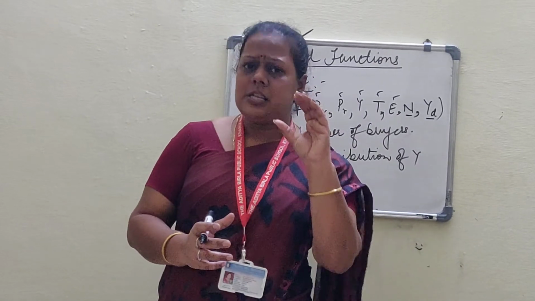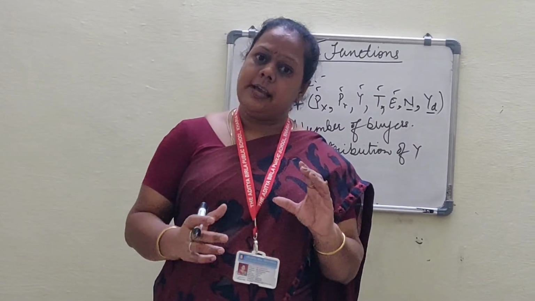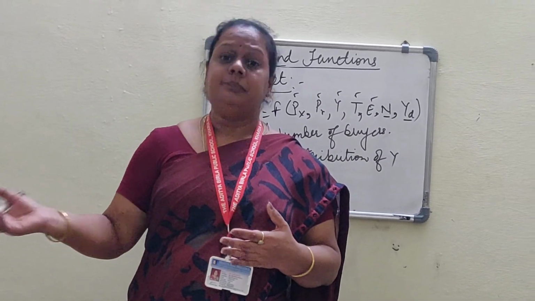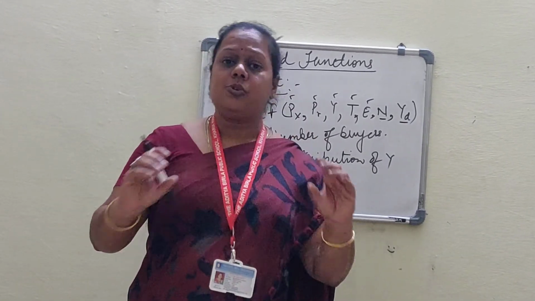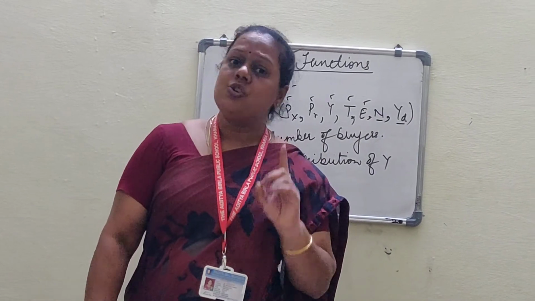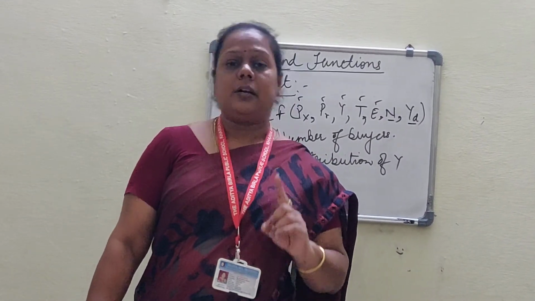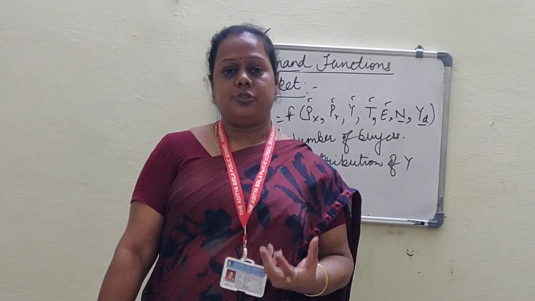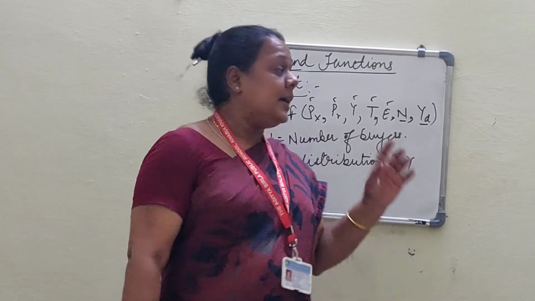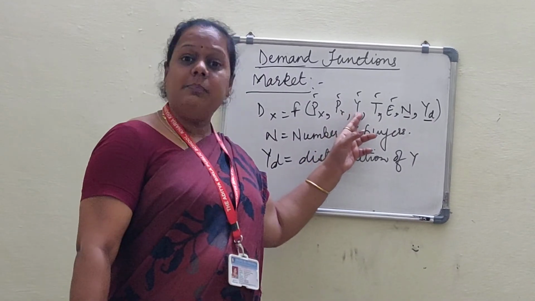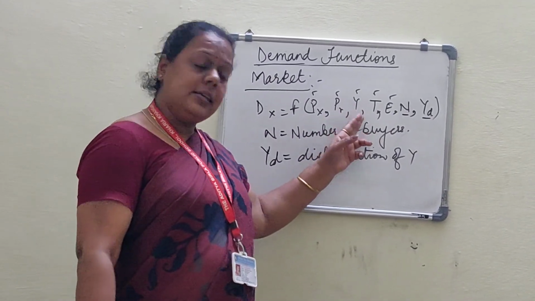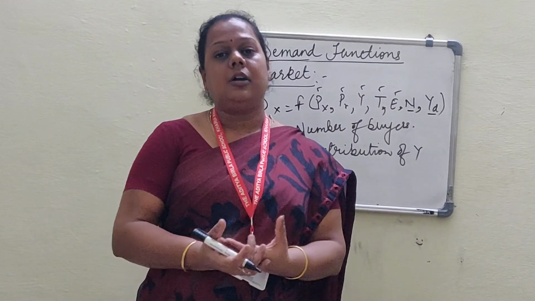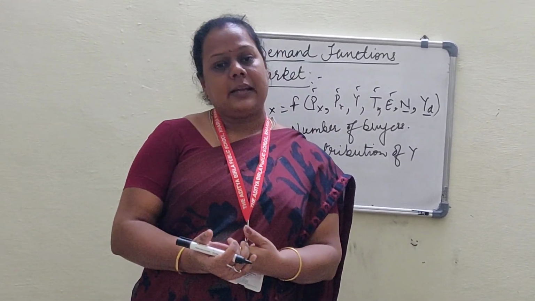And a very small number of people belong to aristocratic families, or the rich community. That means the distribution of income in India is not even, and because of that, demand also gets affected. As you have seen, income plays an important role here. In the same way, the distribution of income also affects the market demand of that commodity. Am I clear, students?